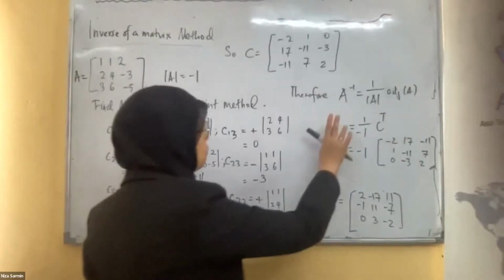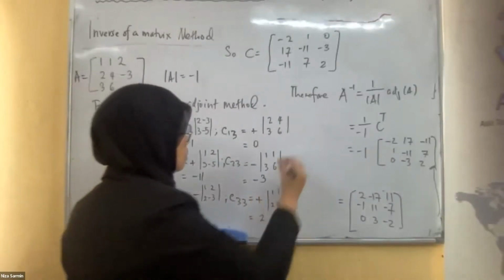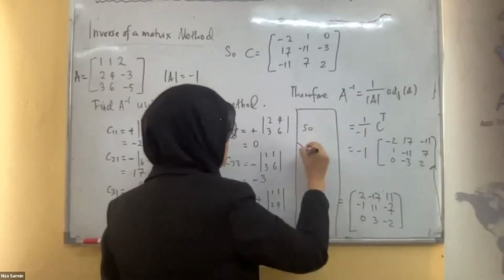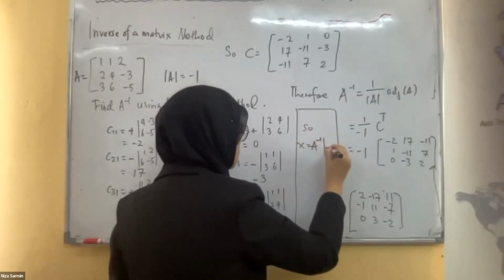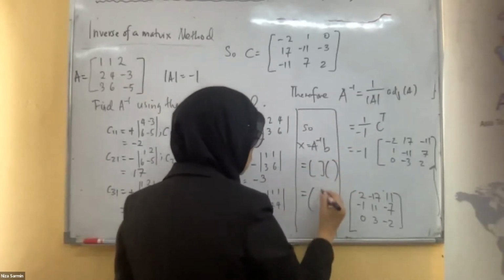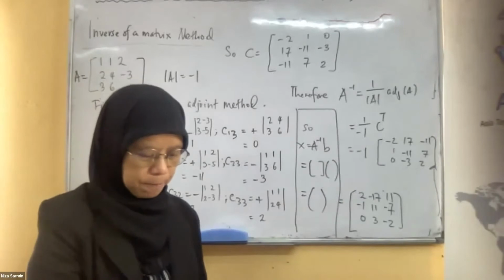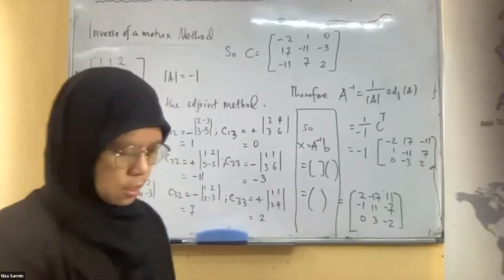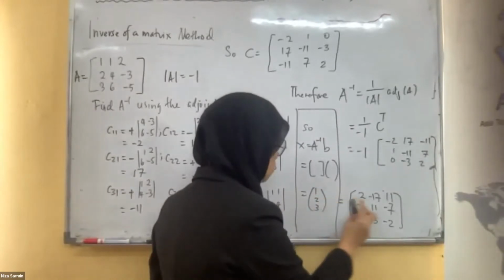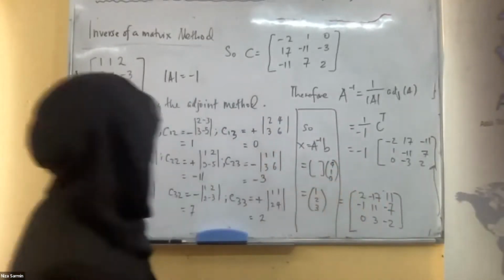Lastly, this is A inverse. So X is A inverse B. So you multiply just now, you get the answer, just like before. And the answer turns out to be 1, 2, 3. Copy, paste, and then this is, I think, 910, right?